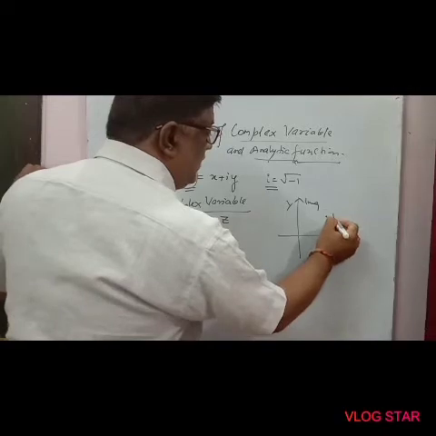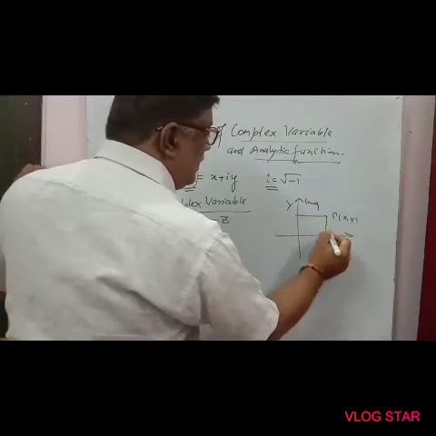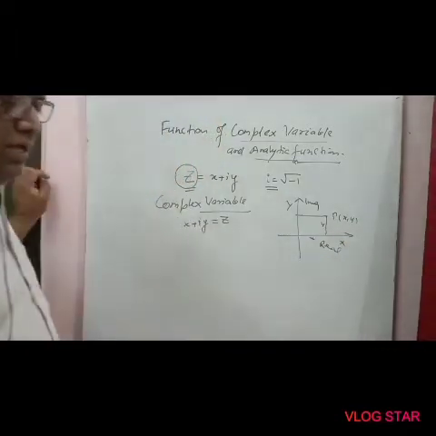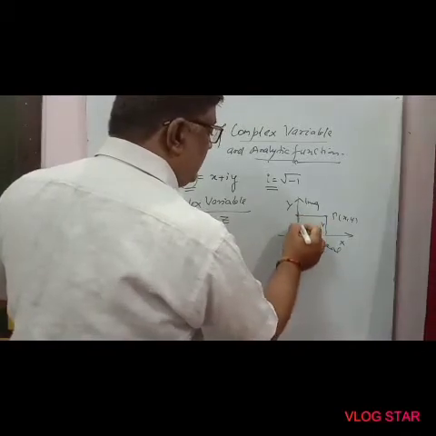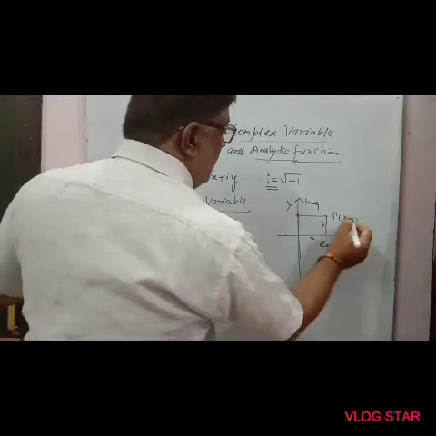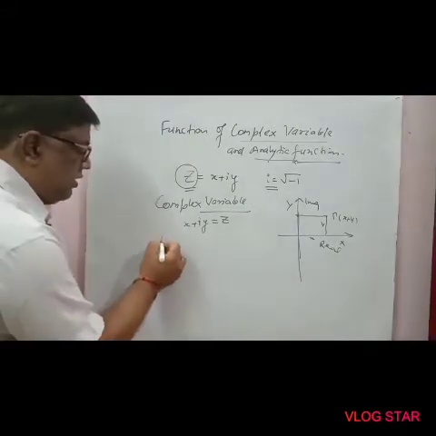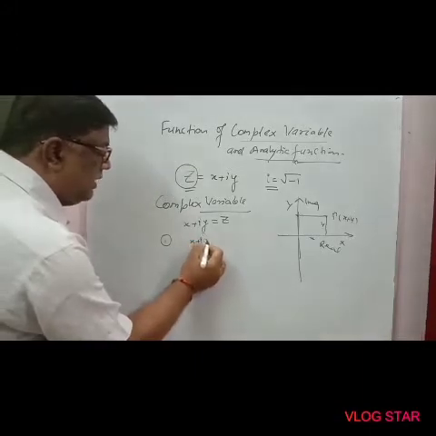Suppose that this is a point P(x, y), then making the line, this distance is called x and this distance is called y. In Cartesian form, we write x plus iy.